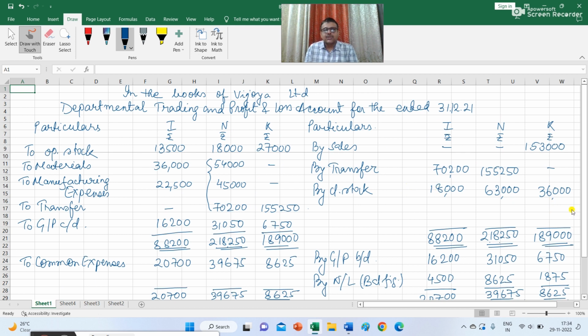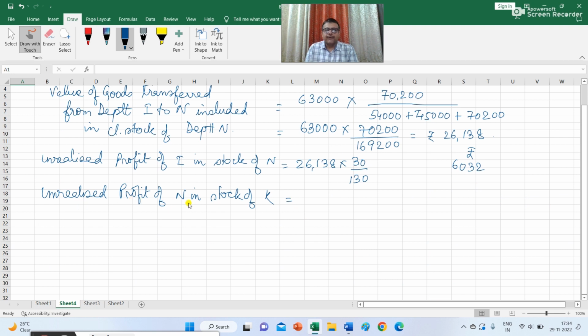So the entire closing stock of Department K represents the goods transferred from Department N. But in this 36,000, there was also a transfer made by Department I to Department N. So we need to calculate the unrealized profit in the closing stock of Department K. So this is the unrealized profit of N in the stock of K. This is 36,000, the closing stock of Department K, and there was a markup of 25% on the cost. So divide it by 125 and you will get 7,200.